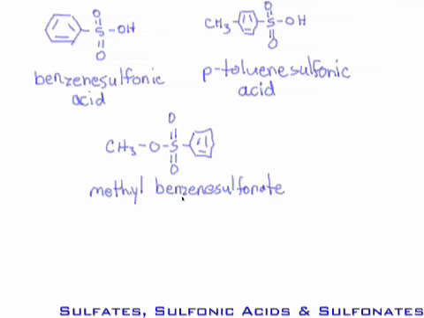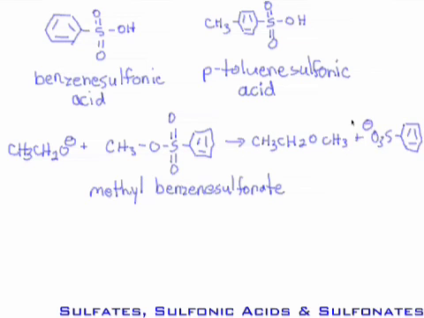If you take methyl benzene sulfonate and you hit it with a powerful nucleophile like ethoxide, CH3CH2O minus, or even a weak nucleophile, you're going to do an SN2 backside attack. You'll get ethyl methyl ether, and you'll get the sulfonate anion. Now, benzene sulfonic acid is a powerful acid. Because of that, its conjugate base, sulfonate, is a weak base, an excellent leaving group.